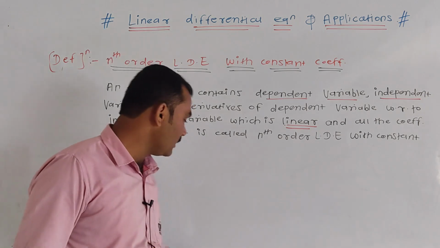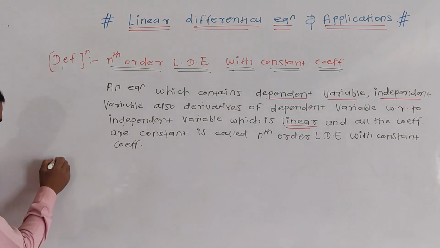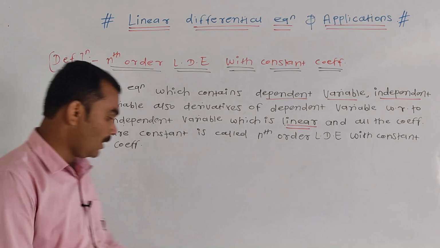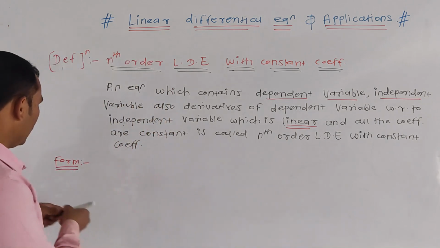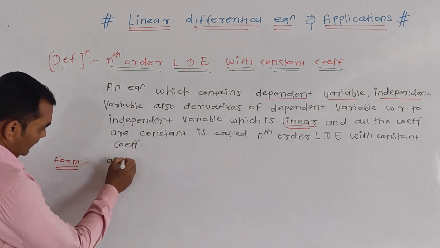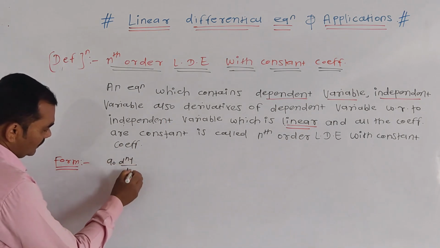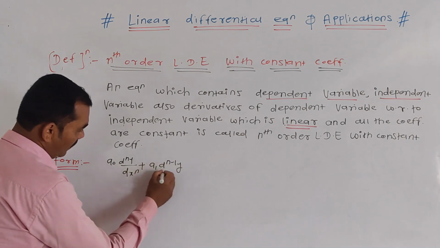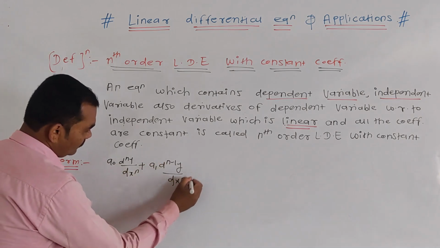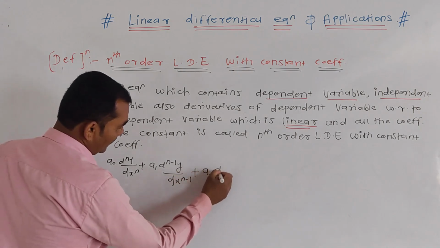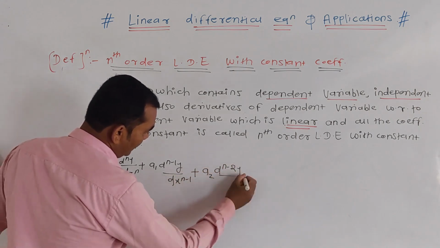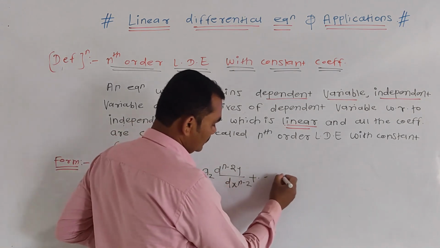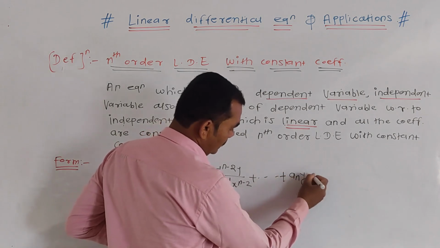Now the form of the equation, look at its form: a0 d^n y/dx^n + a1 d^(n-1) y/dx^(n-1) + a2 d^(n-2) y/dx^(n-2) + ... + an y = f(x).